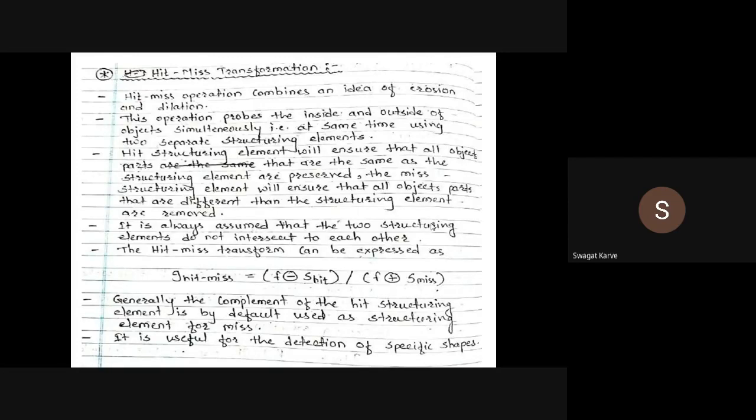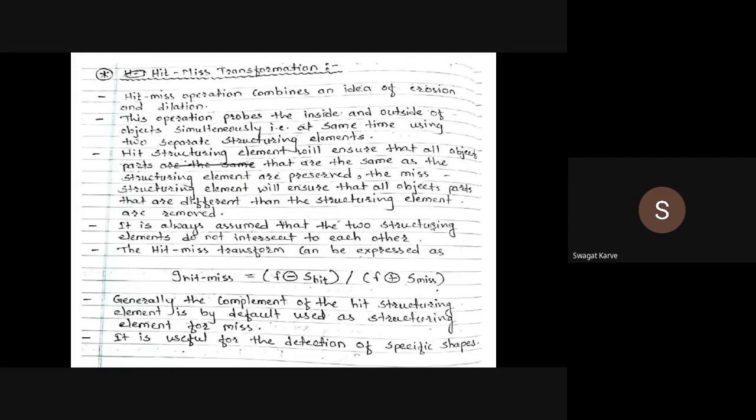Now normally the hit structuring element will ensure that all object parts that are the same as the structuring element are preserved, and the miss structuring element will ensure that all object parts that are different from the structuring element are removed.